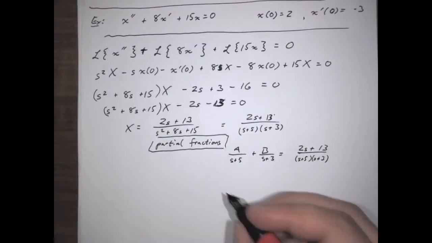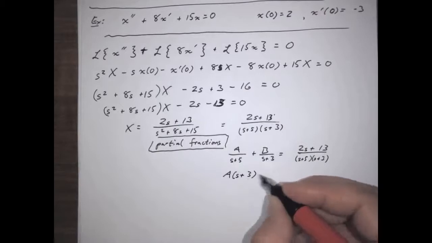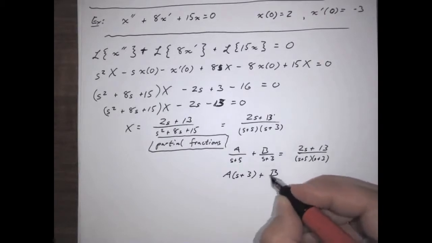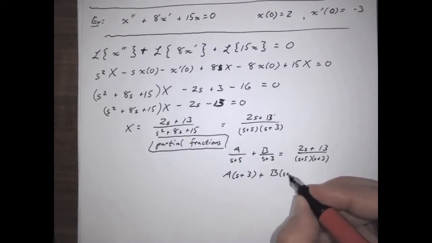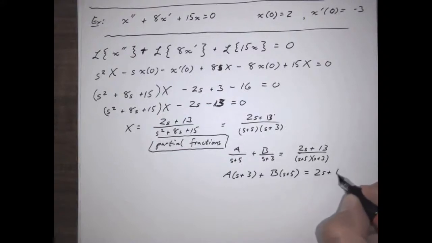Multiply both sides by that common denominator, and that'll be A times s plus 3 plus B times s plus 5 is equal to 2s plus 13.